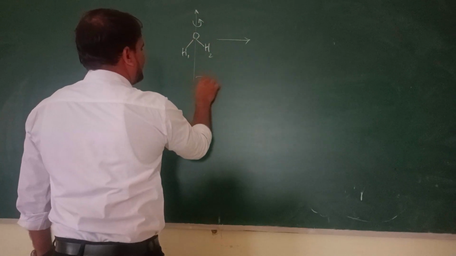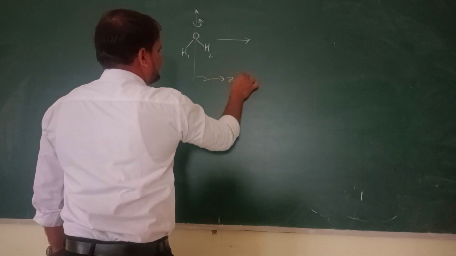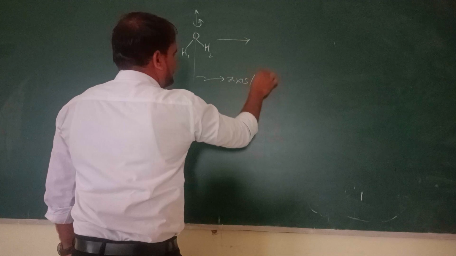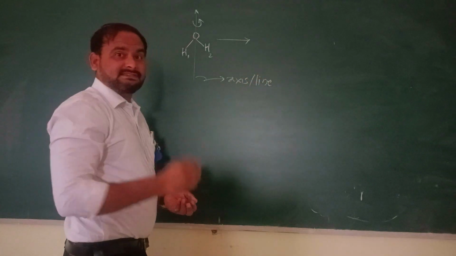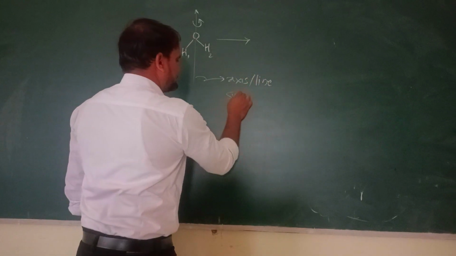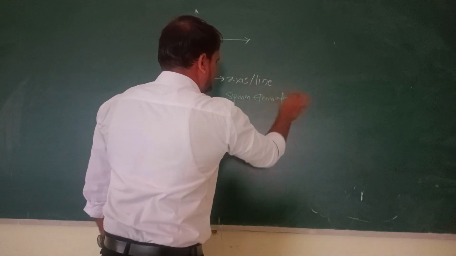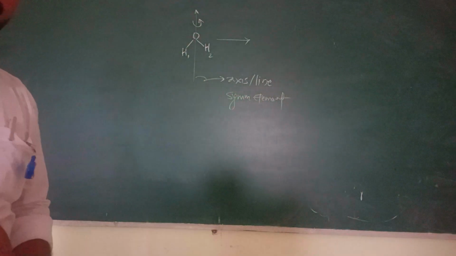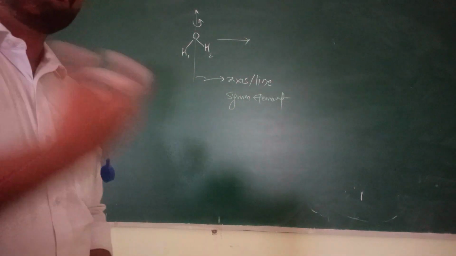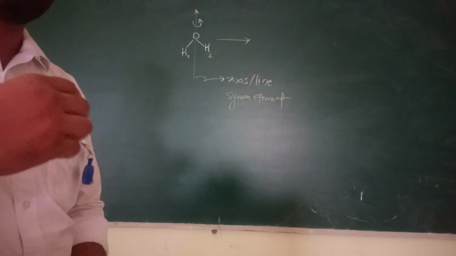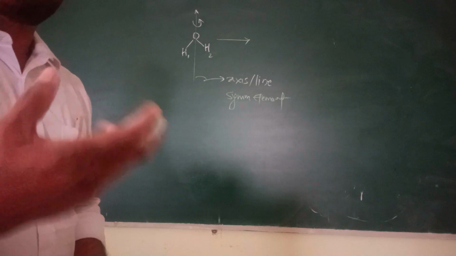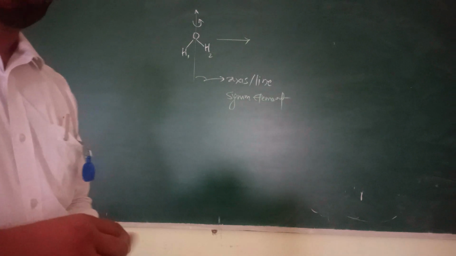This is called an axis, or a line, which is an example of a symmetry element. From that symmetry element, I will do a geometrical manipulation on the molecule, so you will get an equivalent structure.